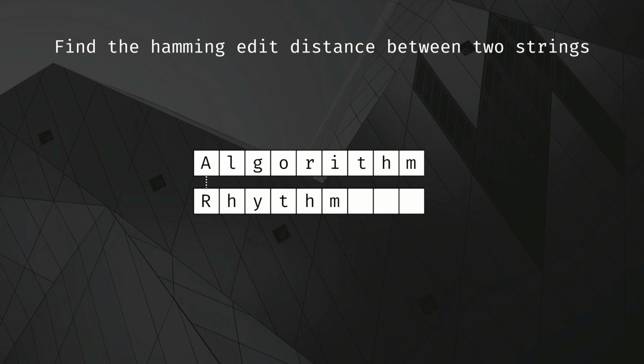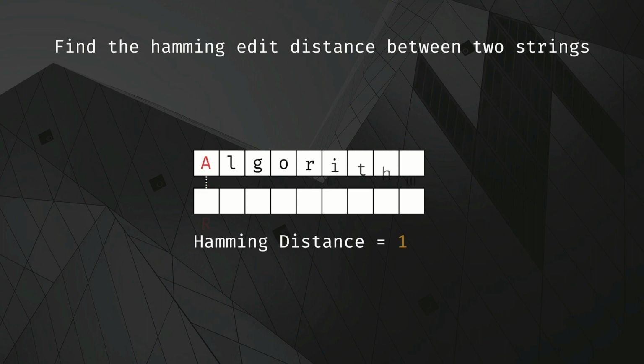Starting with the first character of each string. Is A equal to R? Nope. Let's add 1 to our distance. Moving on to the next characters, L and H. They're not equal, so we're going to add 1 to our edit distance. Well, G and Y are not equal.